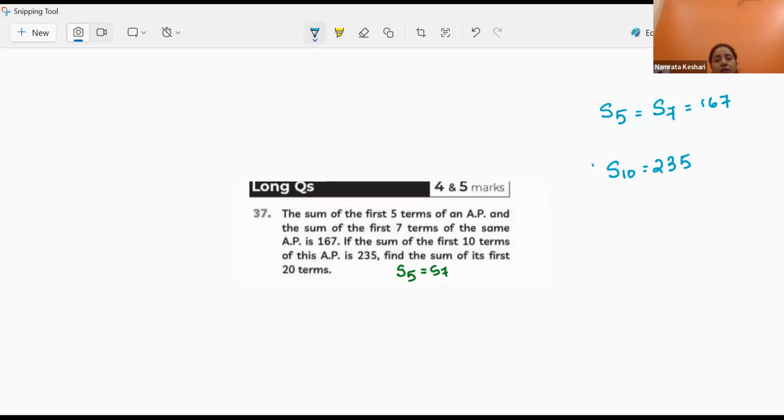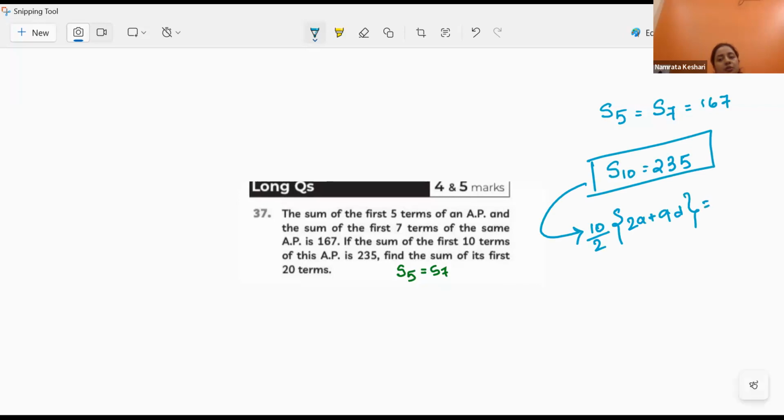So with this data we have clarity that S10 is 10 by 2, 2A plus (10 minus 1)D, that is equal to 235. Here we have clarity. The above one we still need to figure out, what can be done, right? Yes, ma'am.